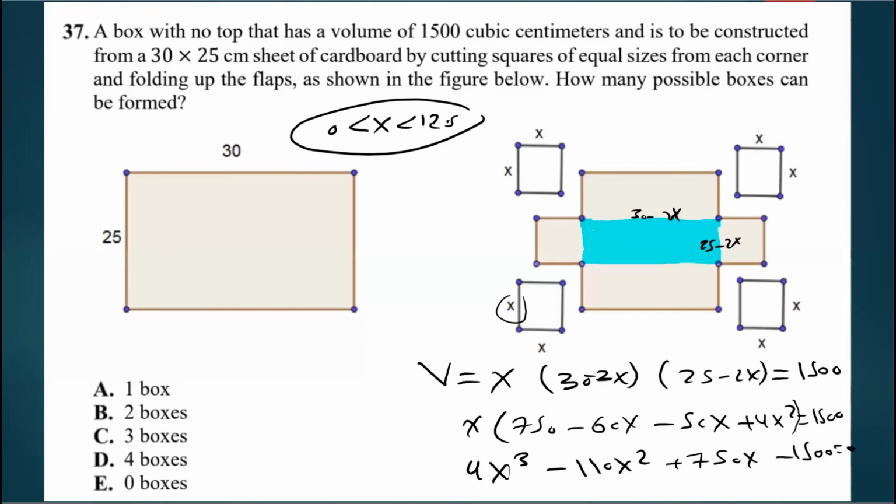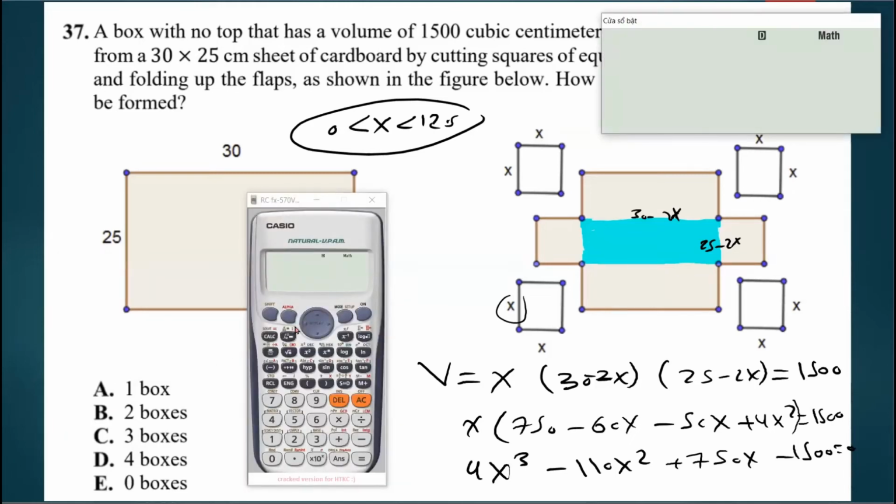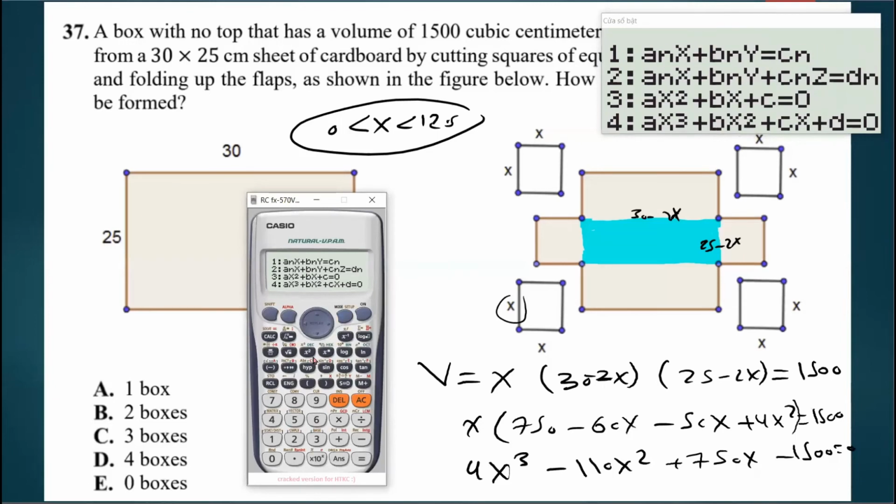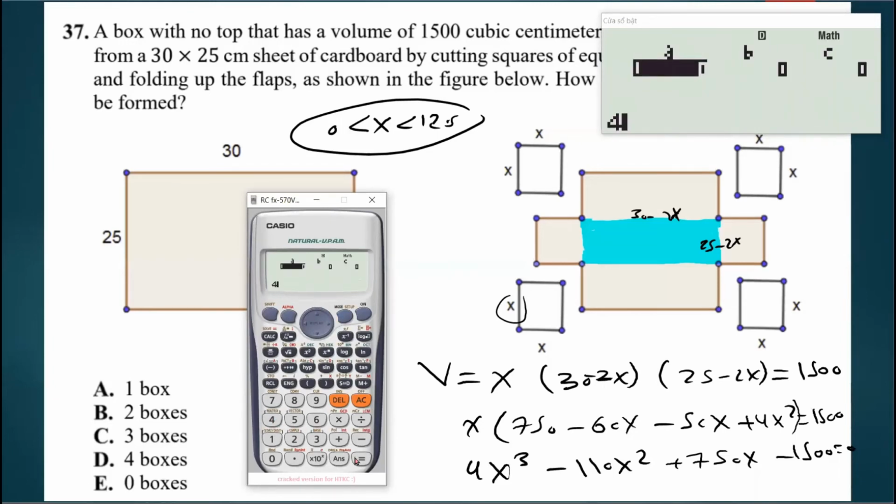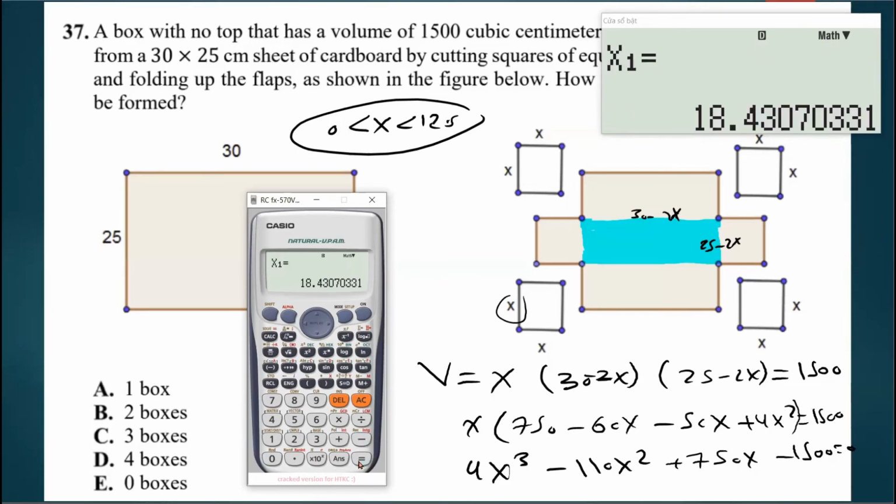Now we will plug that into the calculator in cubic equation mode. That's mode 5, 4, the last choice. Just put in these coefficients. So there is one value that I cannot choose, 5 I can choose, 4 I can choose.